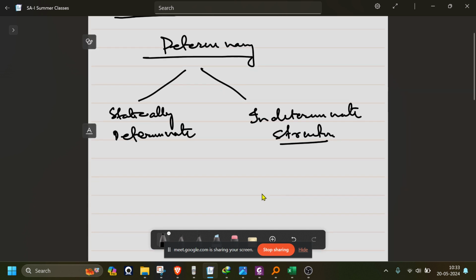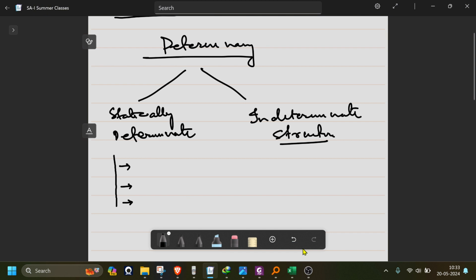So it means that we can solve these structures with the help of equilibrium equation, right? So what are those equilibrium equations? Anyone? Neha? What are the three different equilibrium equations which we have?